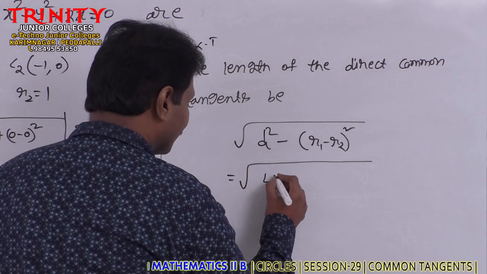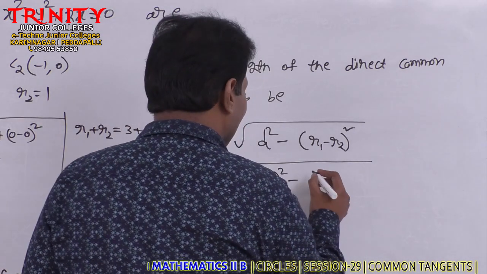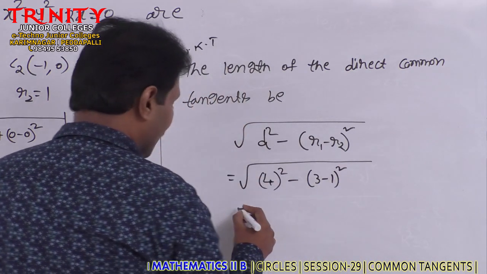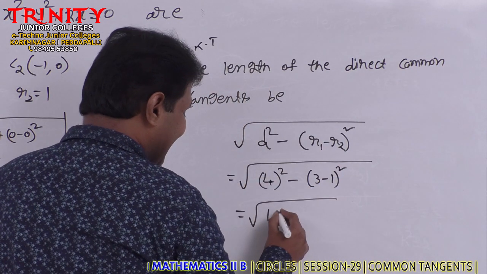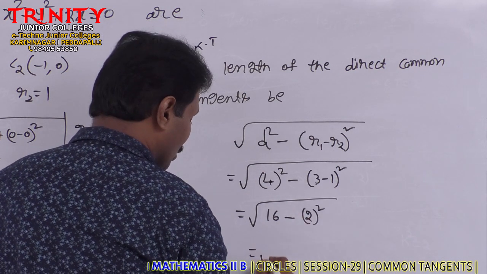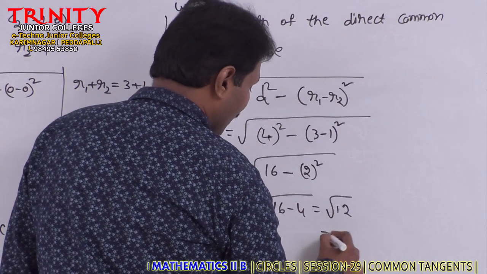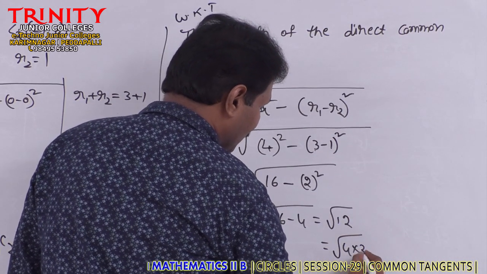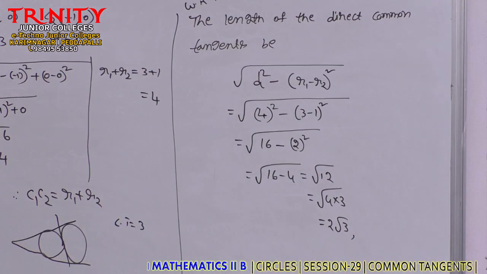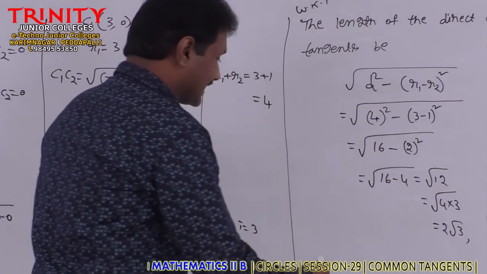So it is √(4² − (3 − 1)²) = √(16 − 4) = √12 = √(4 × 3) = 2√3.